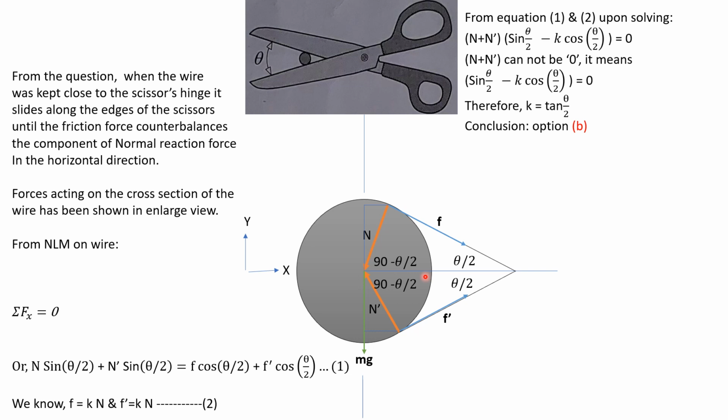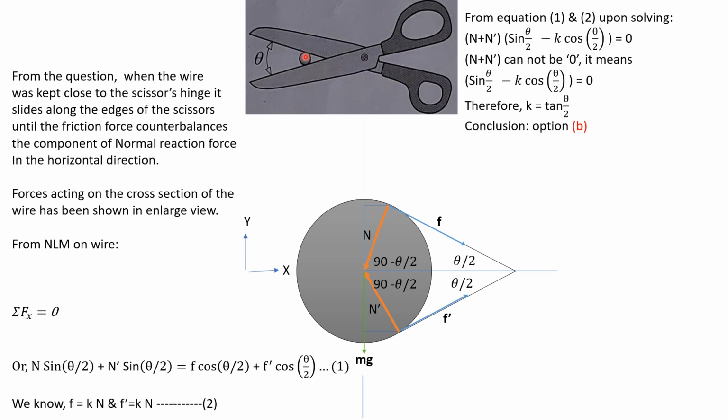So we are interested in the forces acting in the horizontal direction. Let us write the equation from Newton's law of motion on this wire. Since it has come to a stop, acceleration is 0, so the summation of Fx, the net force in the x direction, is equal to 0.